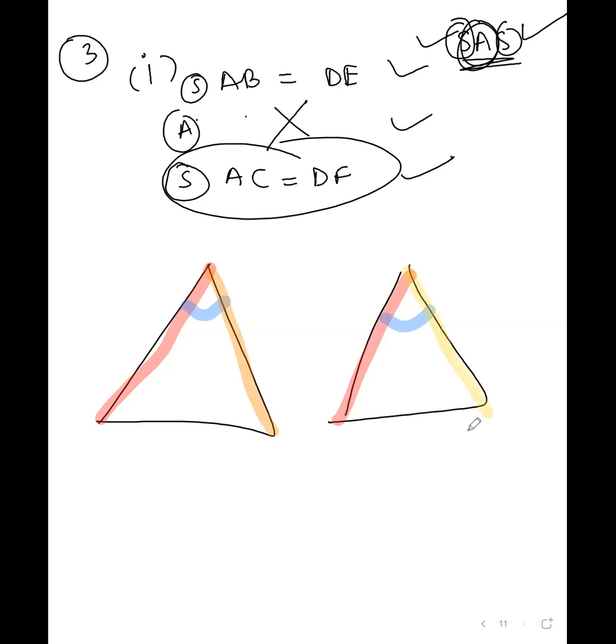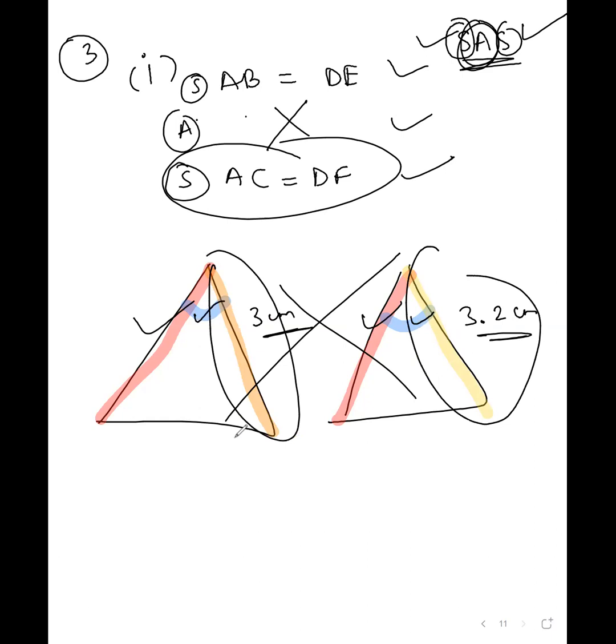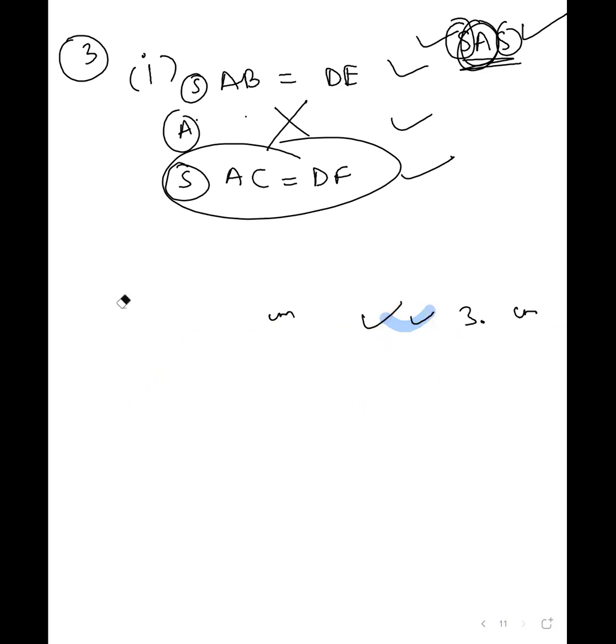They are unequal. Even if there's a very minor difference, let's say this is 3 centimeters and this is 3.2 centimeters, they are different. So they are not congruent. Even if this is equal to this is equal to this, but the third thing is not equal, so not congruent. Got it? Yes. Good.